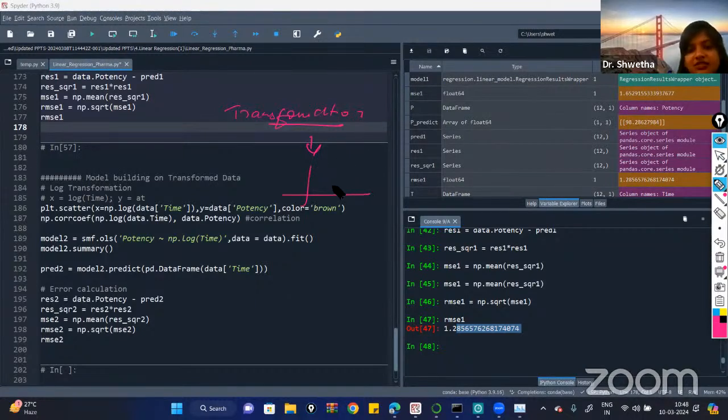Transformation means we apply either square root or logarithmic or polynomial, any which way, which will better fit the data. Okay. Here we are trying a logarithmic transformation.